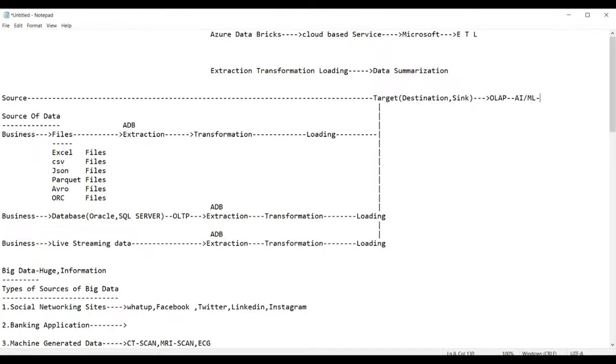That's not a problem. So sir, ADF and ADB are enough, right? Yes, ADF alone is enough. ADB individually is also enough. If you have the ADF and ADB combination, it's very good. If not, it's not a problem.